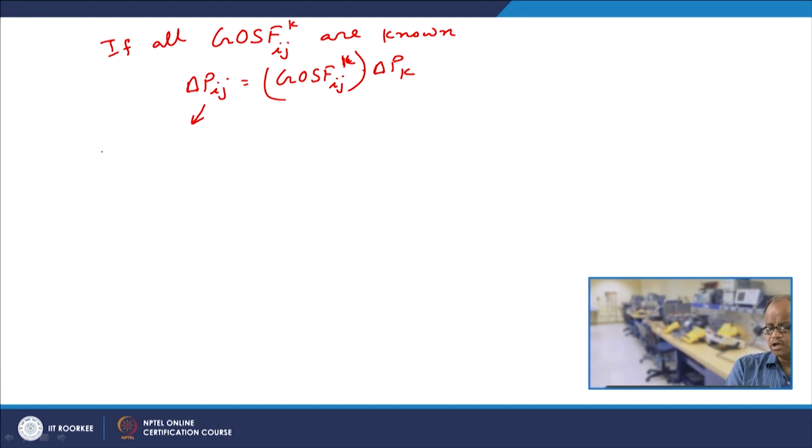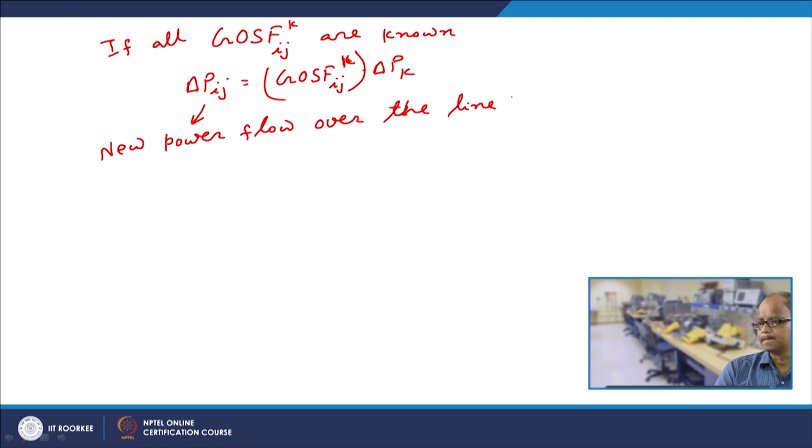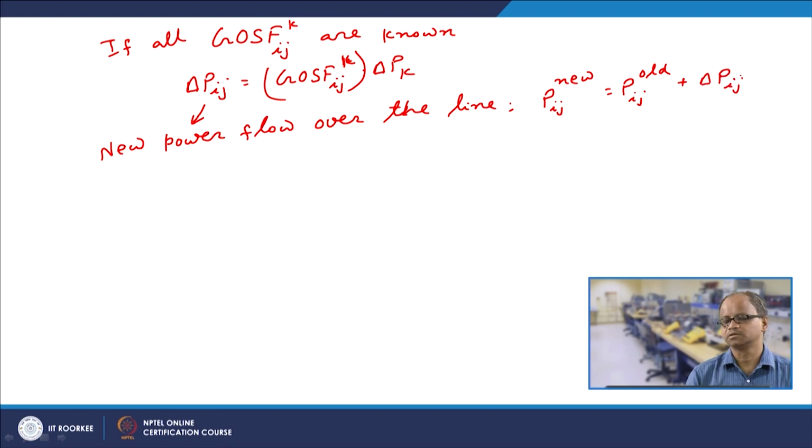So, what would be the new power flow over the line? That is P Ij new, which is equal to P Ij old plus delta P Ij. Now, this P Ij old is already known, correct. It is nothing but the pre-contingency steady state value.